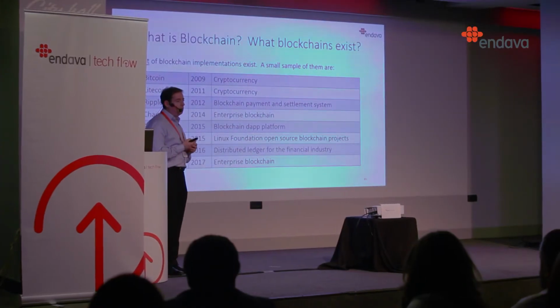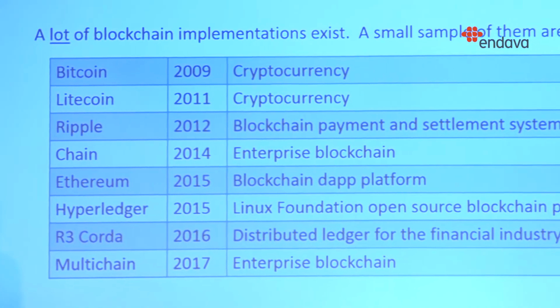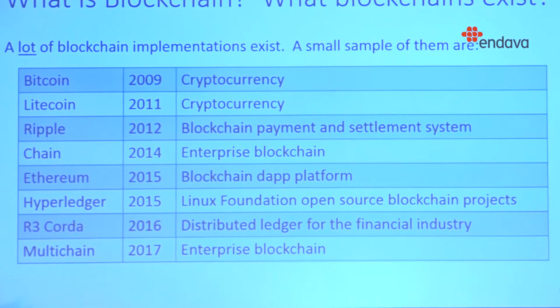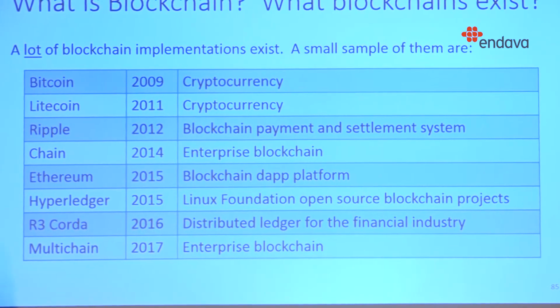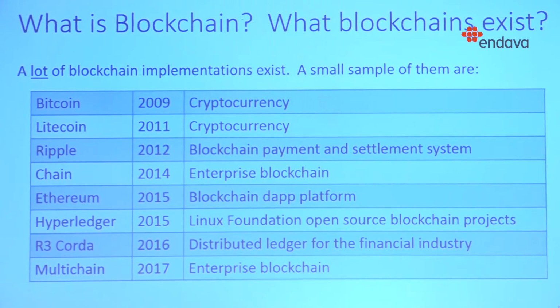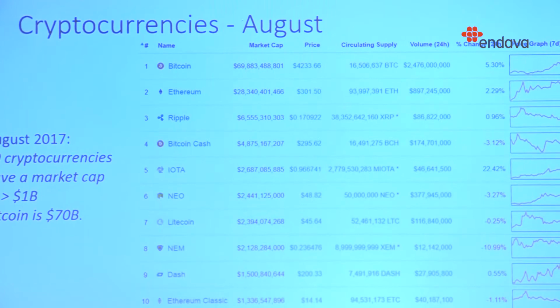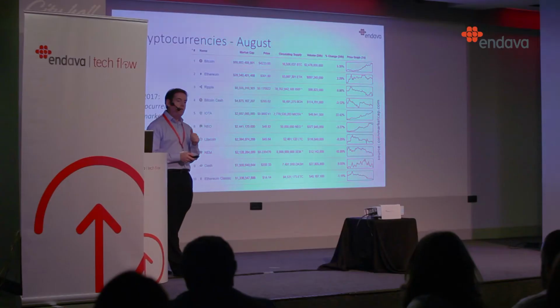Ethereum, which is the platform we'll tell you quite a lot more about tonight, is a platform really for doing distributed applications, not just currencies. And it came along in 2015, largely because its founder realized that there were some fundamental problems with using Bitcoin to build applications. And there've been a lot of others since, and you can see there's a lot of activity here. And what's interesting is how quickly it's changing.